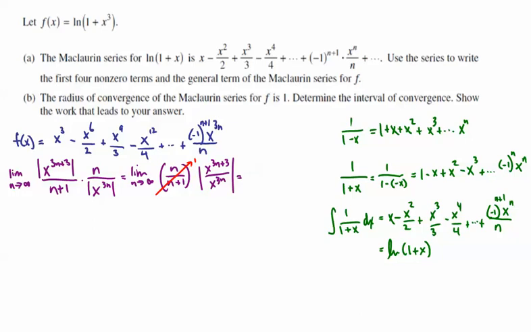And that all leaves us with the absolute value of x to the third power. In order for the series to converge, that must be less than 1, and so once again we know that x has to be greater than negative 1 and less than positive 1. Now we still need to test the endpoints.